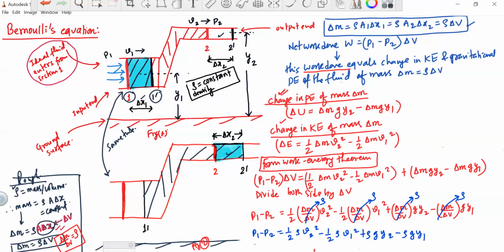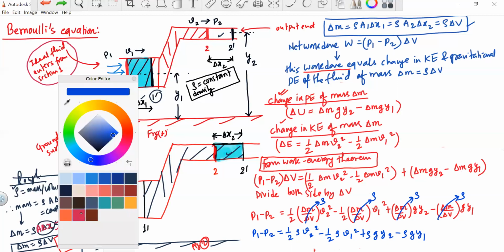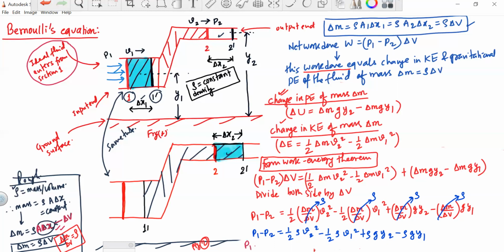So on rearranging, we can write in this way: P1 plus rho g Y1 plus half rho V1 square equals P2 plus rho g Y2 plus half rho V2 square.